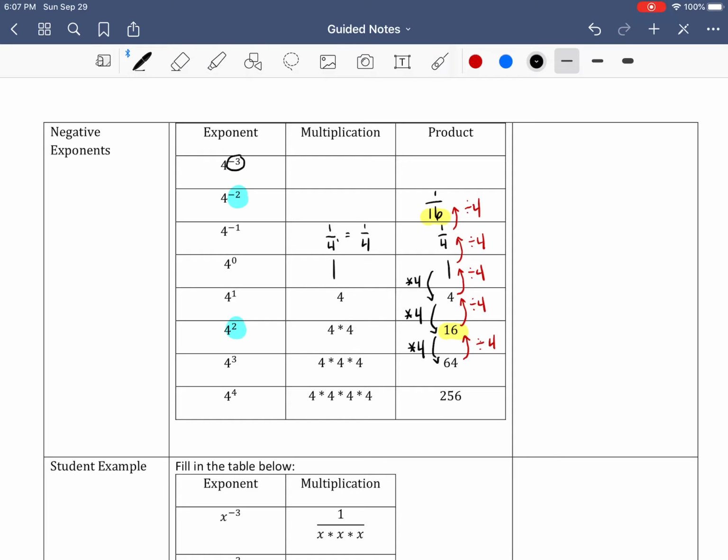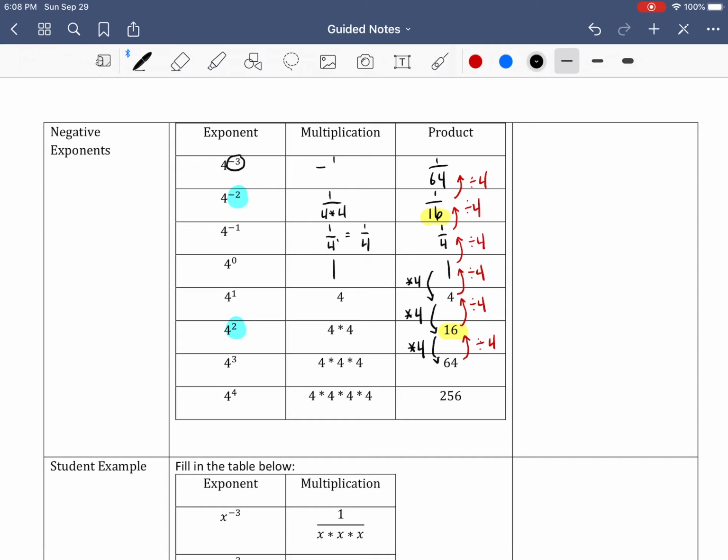So as a multiplication problem, what this means is we make it a fraction, and then again 4 is being multiplied, but this time in the denominator twice. So we know that 1/4 divided by 4 is equal to 1/16. So if we're going to do it one more time, divide by 4, then you would get 1/64, right?